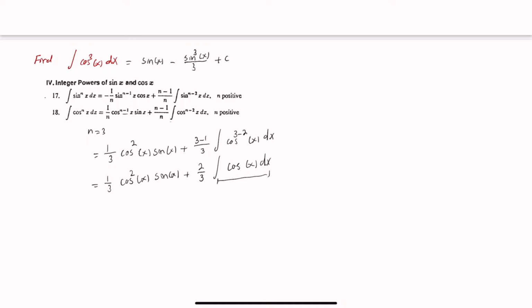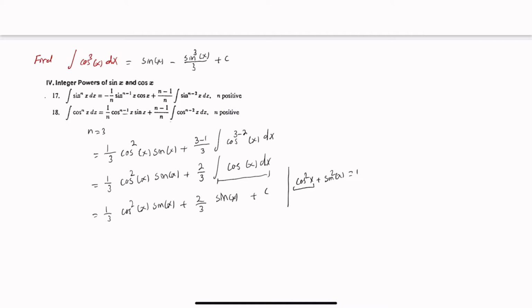Now in the next step, we're going to find the antiderivative of cosine of x. So we will have 1 over 3 cosine square of x, sine of x, plus 2 over 3, and then the antiderivative of cosine of x is sine of x, and then plus c. Now we can use this identity, which is cosine square of x plus sine square of x equal to 1.